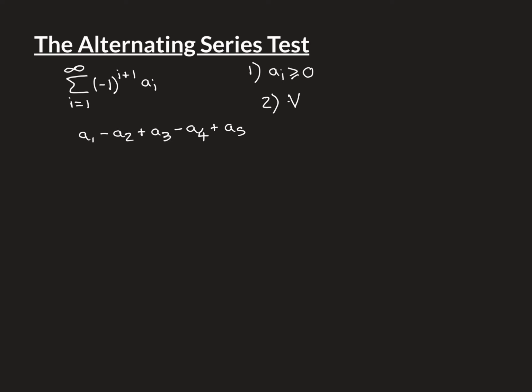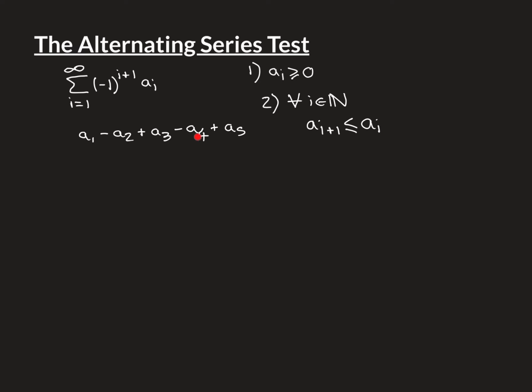So for all i an element of the natural numbers, a_(i+1) must be less than or equal to a_i. So if we look at these two, this one is going to have a smaller size than this one. Then if you look at these two, this one's going to have a smaller size than this one. These two, this one's going to be smaller than this one in size.